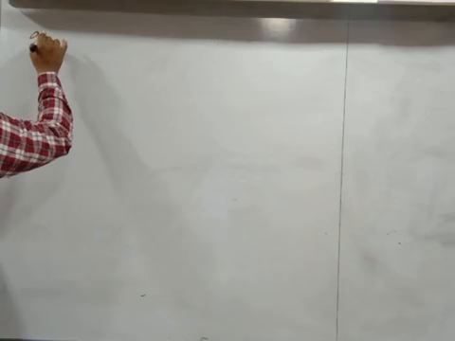Illustration number 9.2. So in illustration number 9.2, it says a copper wire of length 2.2 meter and the steel wire of length 1.6 meter, both of diameter 3 millimeter, are connected end to end. When stretched by a load, the net elongation is found to be 0.7 millimeter.